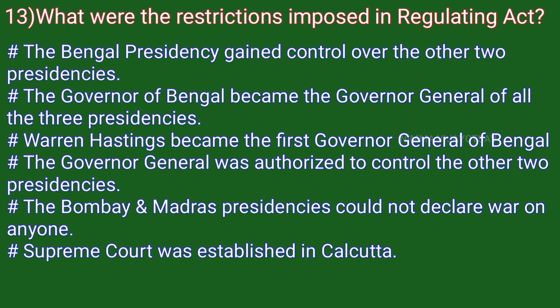Warren Hastings became the first governor general of Bengal. The governor general was authorized to control the other two presidencies. The Bombay and Madras presidencies could not declare war on anyone. Supreme Court was established in Calcutta.